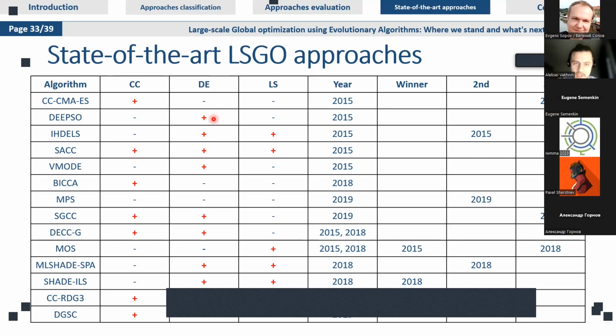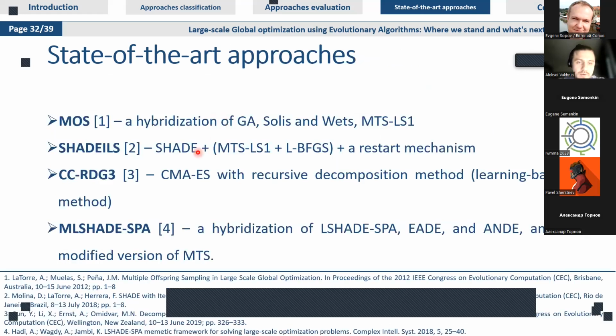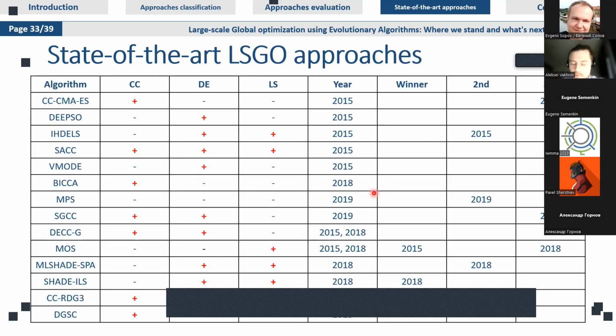It's not always the classic version. It can also be, like I noted before, some SHADE algorithm or other combinations, but anyway, some sort of differential evolution. And LS means local search algorithm. And as you can see, there is not only one trend. For example, you can't just always use cooperative coevolution and beat other algorithms, or just add differential evolution or local search.